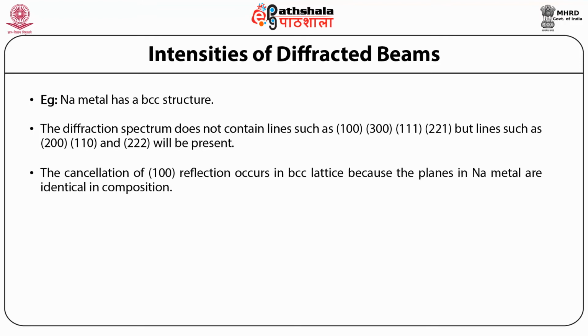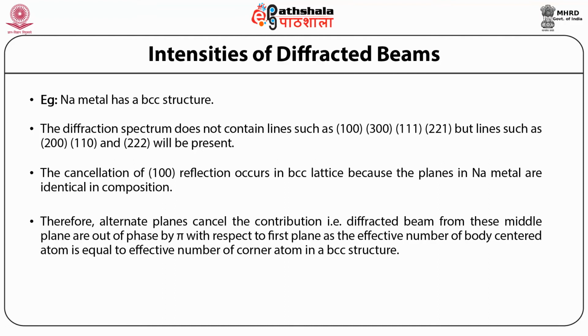The cancellation of the 100 reflection occurs in the BCC lattice because the planes in Na metal are identical in composition. Therefore, alternate planes cancel the contribution, that is, the diffracted beam from the middle plane is out of phase by pi with respect to the first plane, as the effective number of body-centered atoms is equal to the effective number of corner atoms in a BCC structure.